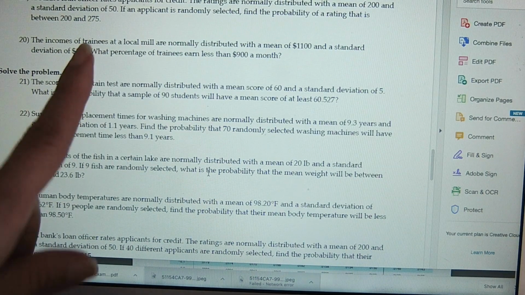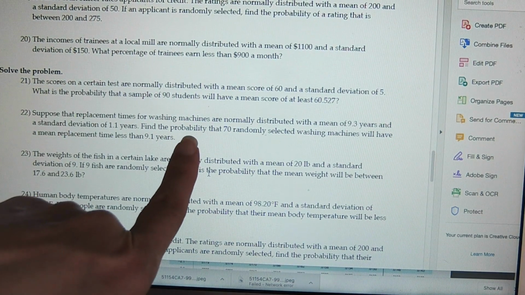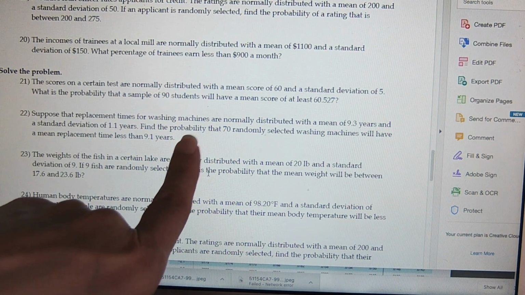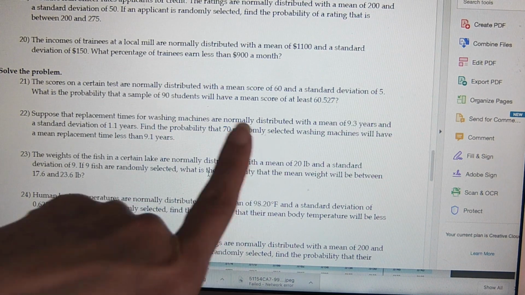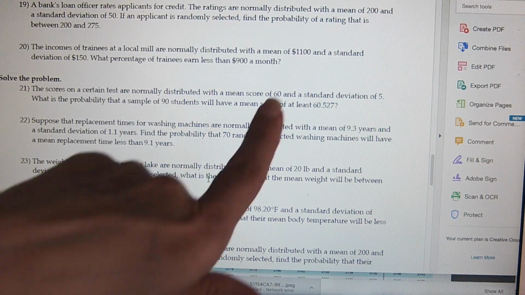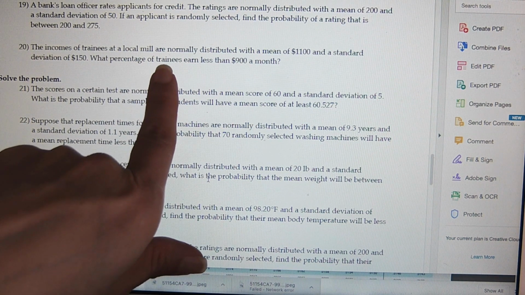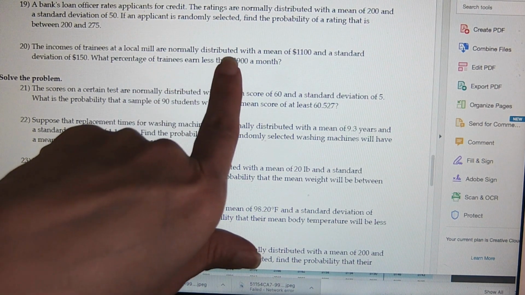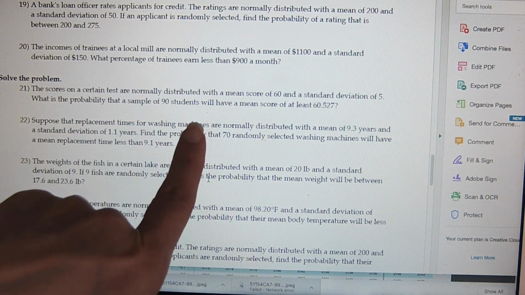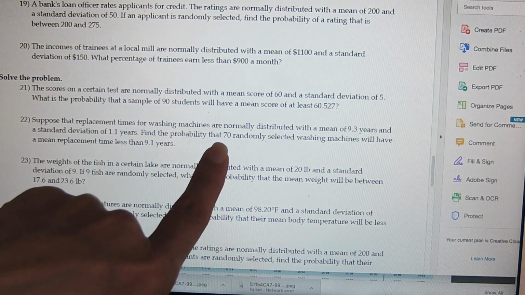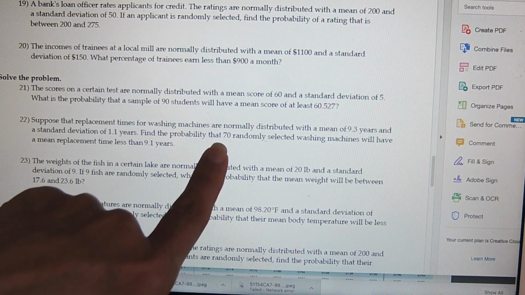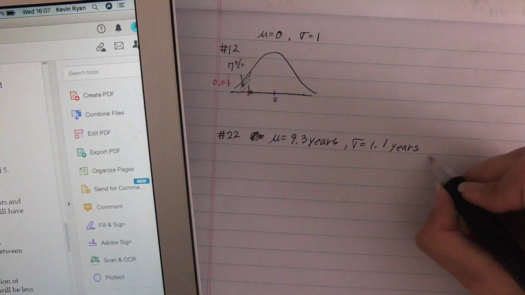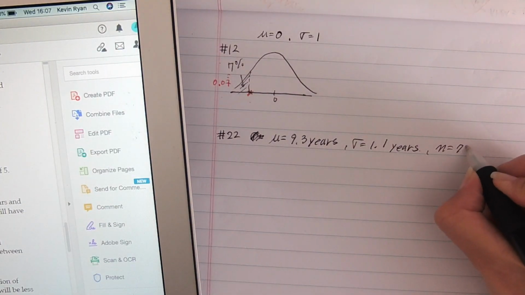There is one more number you have to be careful with. We are looking for the probability, which means it's an area. But 70 randomly selected, so most of the question is what's the percentage of less than 9.1. This 70 is my sample size. So I chose a sample size of 70 washing machines. I have another number to use.